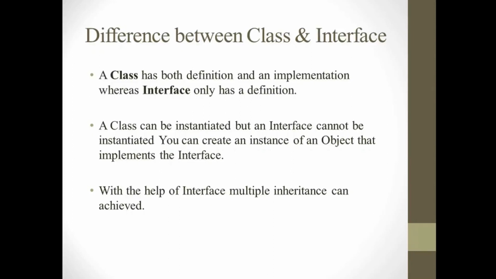With the help of an interface, we can also achieve multiple inheritance. As we discussed previously, multiple inheritance is not possible with classes in C Sharp, but with the help of interfaces we can achieve it.